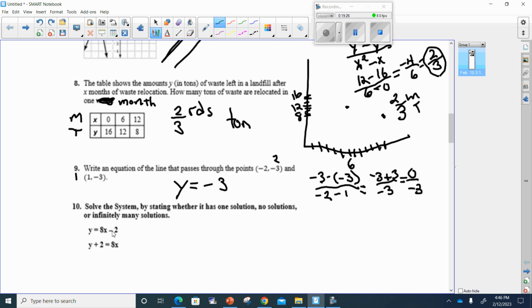Y equals 8x minus 2 is correct, but this is not correct. We need to subtract 2 from both sides. So we can have y is equal to 8x minus 2. And we see now that this is exactly the same as we have up here. So since they are exactly the same formula, this has infinitely many solutions.